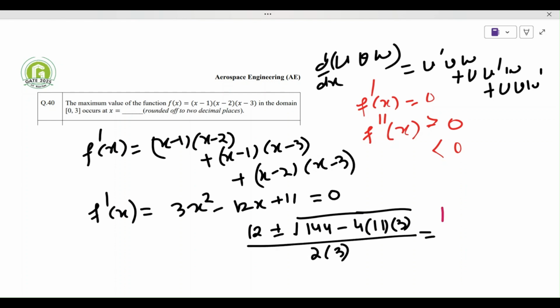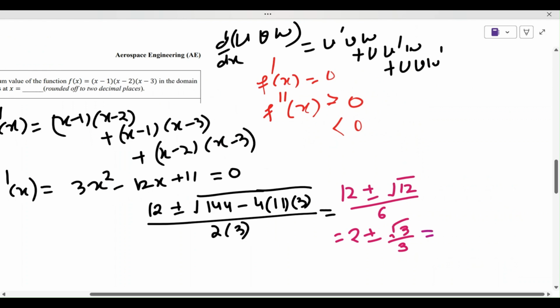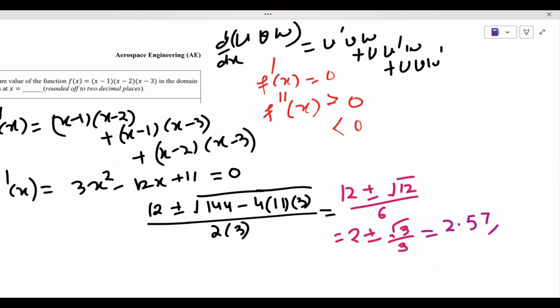So we get 12 plus minus under root 12 by 6. So the value is 2 plus minus root 3 by 3. If we add 2 plus root 3 by 3, we get 2.57. And if we subtract, 2 minus root 3 by 3, we get 1.42.